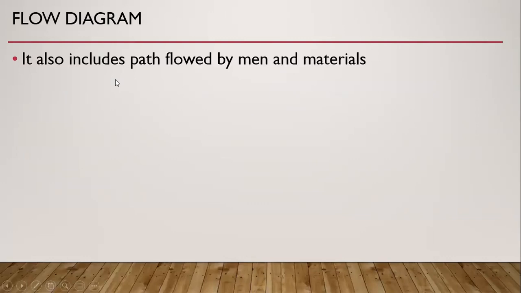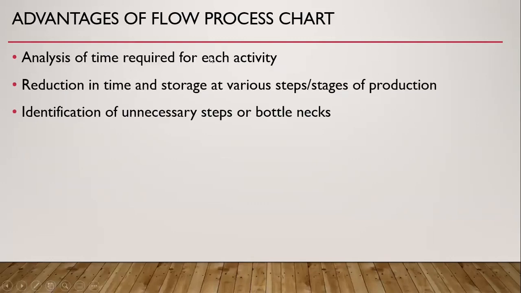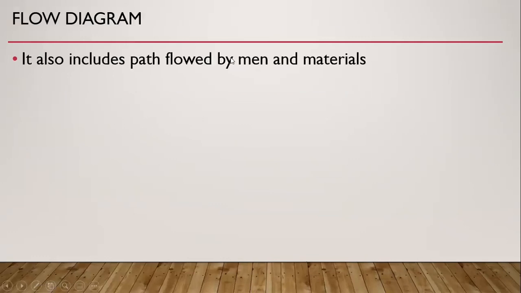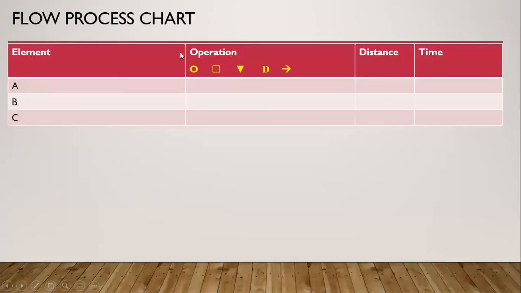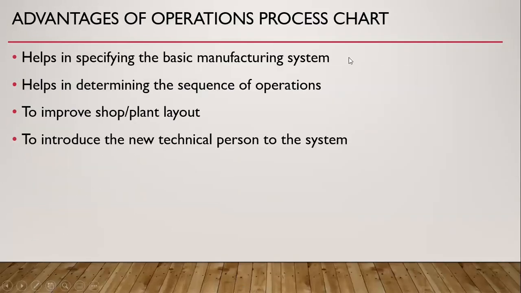Now the third one is flow diagram. In addition to all these which are included in the flow process chart, it includes the path followed by man and material. So this is the improved version and the advantages are very similar to the flow process chart and the operations process chart.